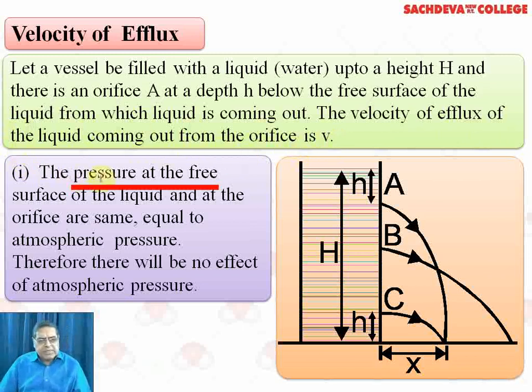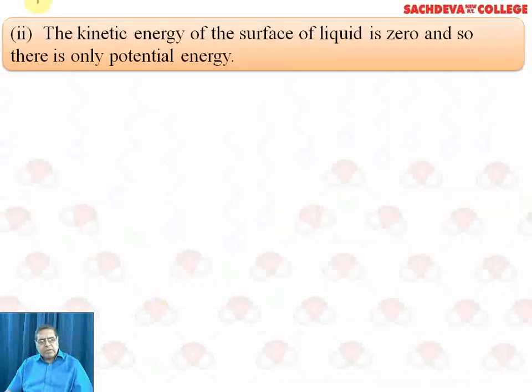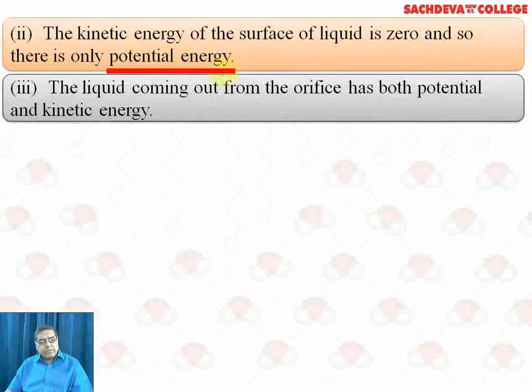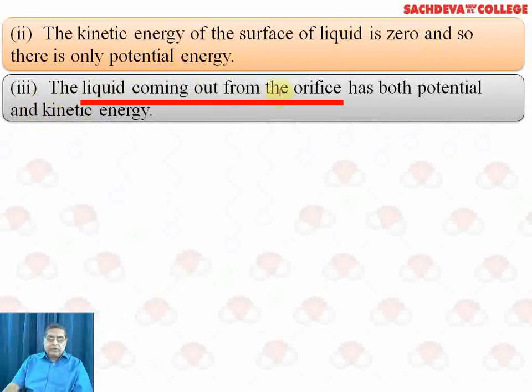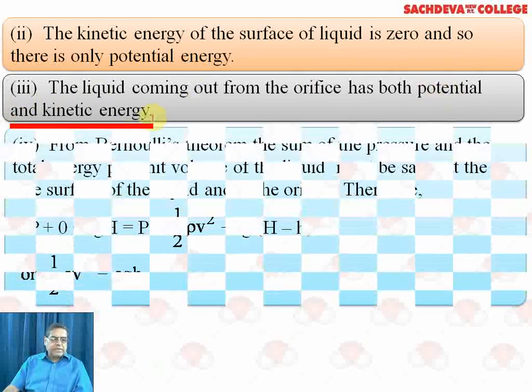The pressure at the free surface of the liquid and at the orifice are the same, equal to atmospheric pressure, that is P = hρg or 1 atmosphere or 76 centimeters of mercury. Therefore, there will be no effect of atmospheric pressure. The kinetic energy at the surface of the liquid is zero, so there is only potential energy. The liquid coming out from the orifice has both potential and kinetic energies.